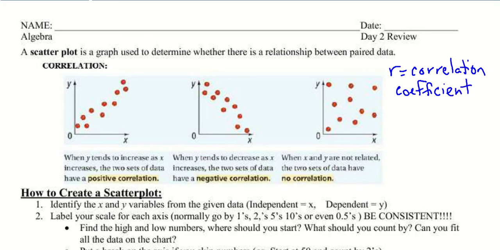So if the R value is close to 1, it's going to be a strong positive. If it's close to a half, it's going to be a weak positive. Close to 0, there's going to be no correlation. Same thing: -1 is going to be a strong negative. -0.5 is going to be a weak negative. And then close to 0 again is no correlation. Okay, so no, weak, and then strong. All right.